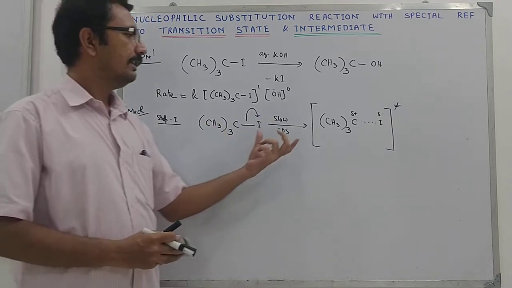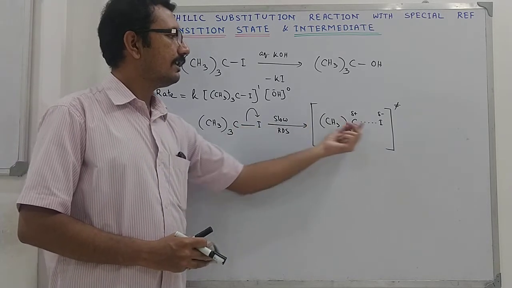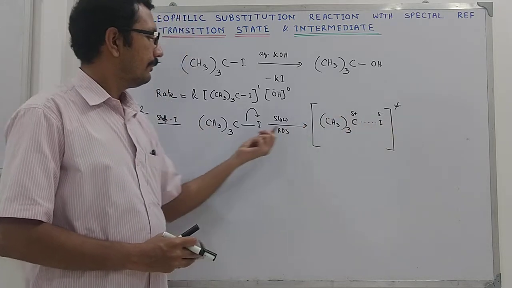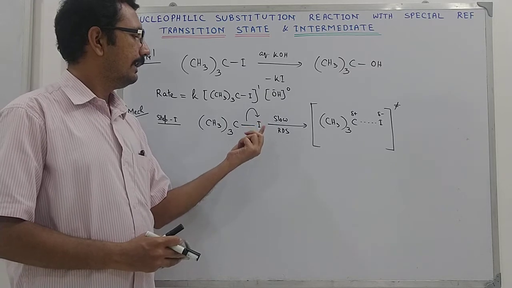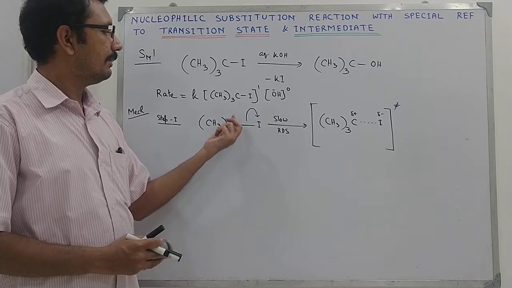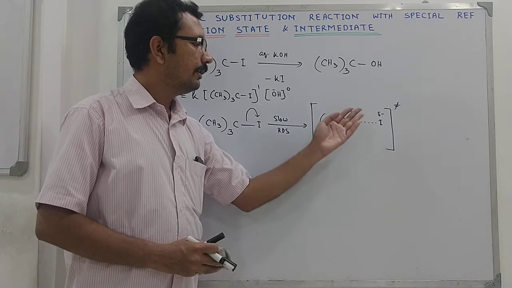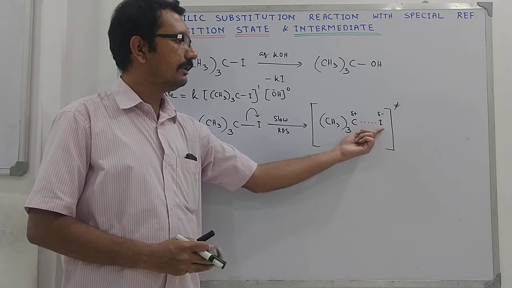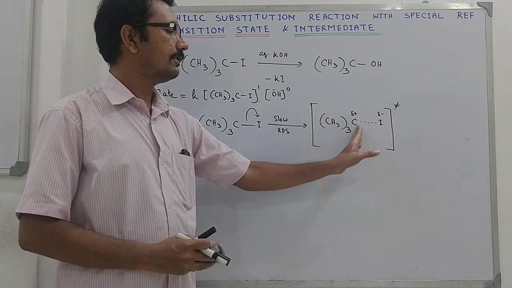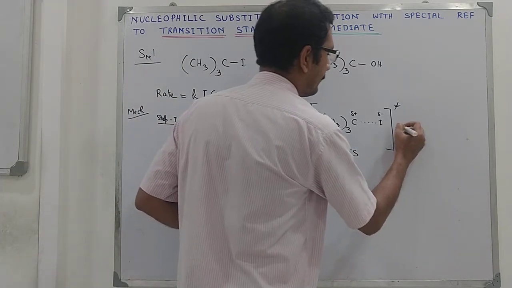So that could be like this: the bond is getting detached and it is given in dotted line. So here we will have a partial negative charge, which is forming gradually, and here we will have a partial positive charge which is also forming gradually, and after the complete detachment of this leaving group, we will have a complete negative charge here and complete positive charge here. So this is the prescribed transition state.